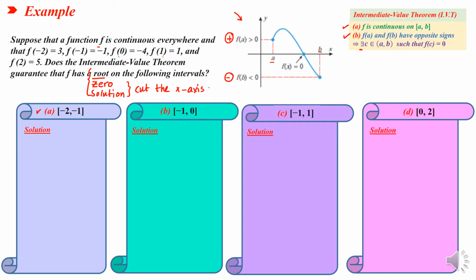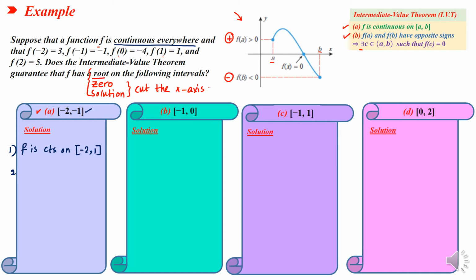And before that you have to check the conditions of the I.V.T. Now f is continuous everywhere from the question, which means it is continuous on the closed interval from negative 2 to negative 1. So the first condition is satisfied for the function f.